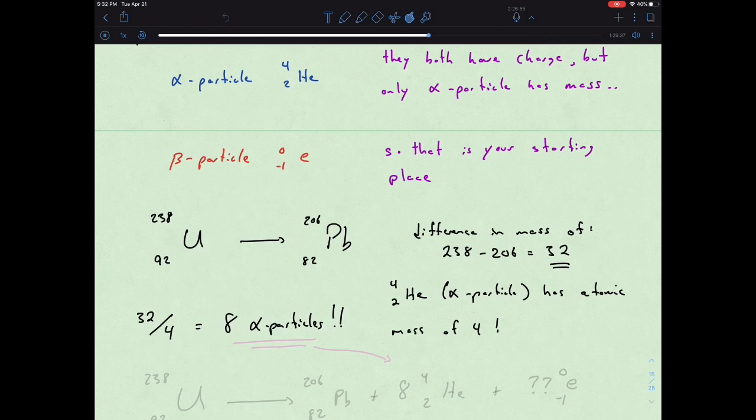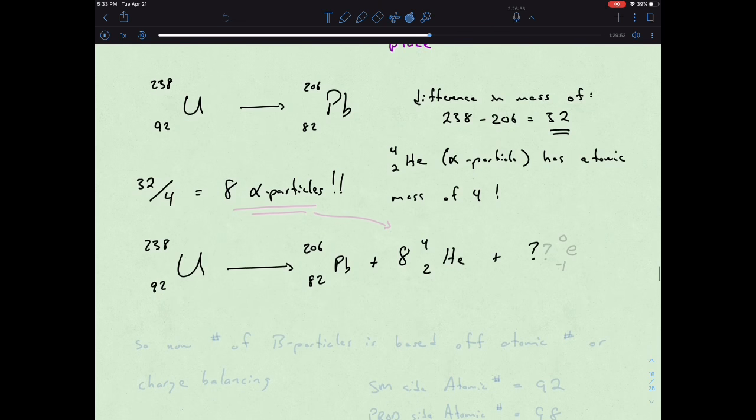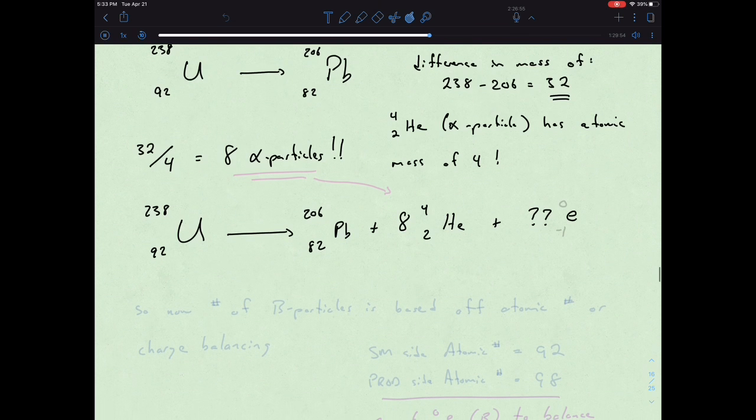So I can relate now a little bit more to this stepwise decay, where now I know the number of alpha particles based on that change in atomic mass, and only alpha particles have the mass.